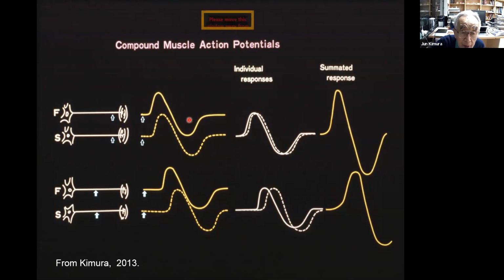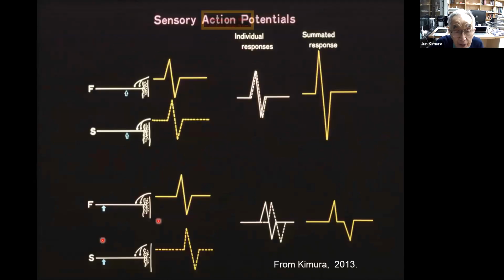And if the duration is long, then even if you stimulate the nerve more proximally, and therefore have a 1 millisecond difference between the two recordings, fast conducting and slow conducting, it gives you no phase cancellation because you have opposite polarity lining up in here.